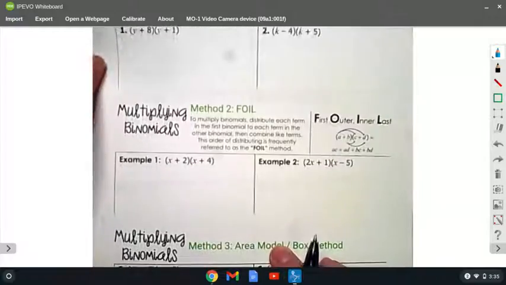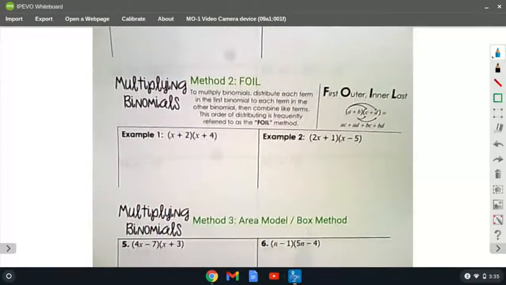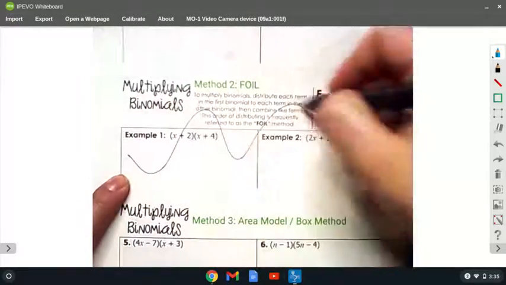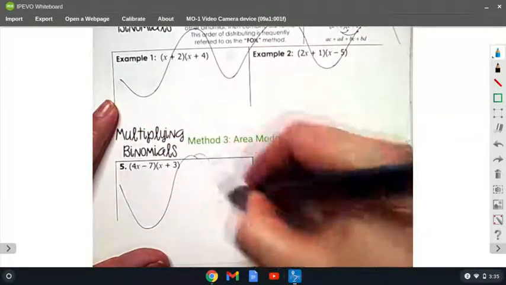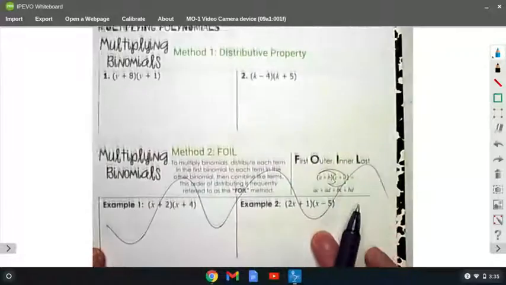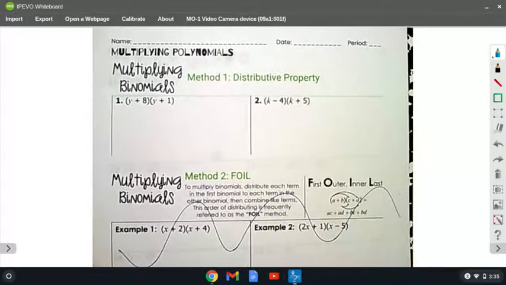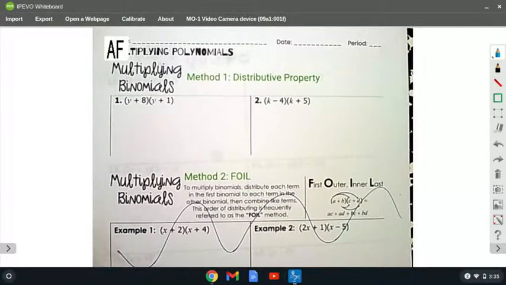So we can do it by the FOIL method and we can do it by a box method, but I'm actually going to squiggle these ones out as those are not ones that we are going to discuss. I think if I teach you 3 different ways, it's going to be a little confusing, so I'm just going to stick to one method that I think is pretty foolproof.